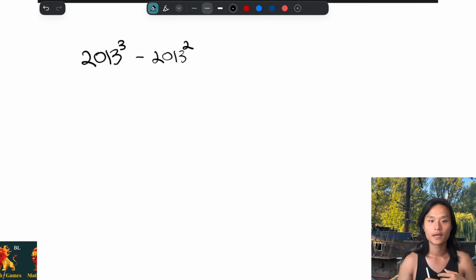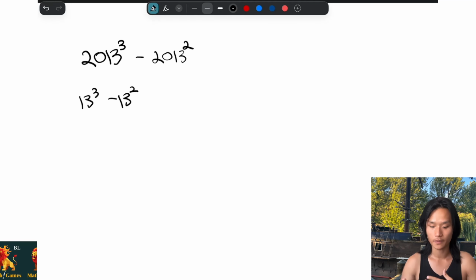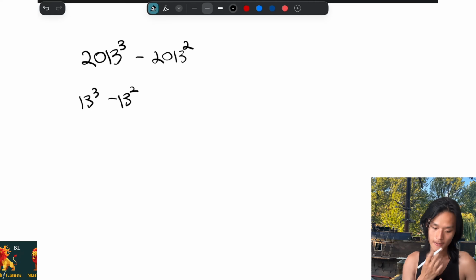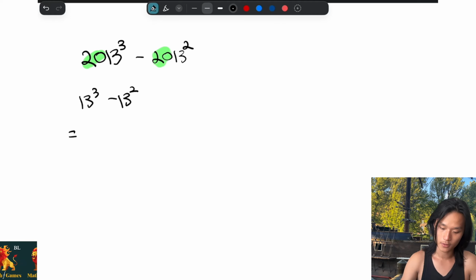There are a couple of ways to do this. We can either find 13 cubed minus 13 squared. In fact, we will do this because I think it's all the same method. So we ignore the 20 part and then we try to calculate the value of 13 cubed minus 13 squared.